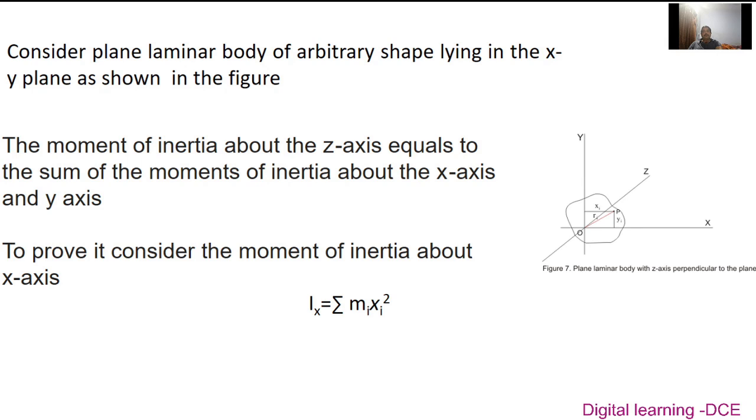To prove it, consider the moment of inertia about the x-axis, given by Ix is equal to Σ mi xi², where mi is the mass of the particle at the point P and xi is the distance from the axis of rotation.